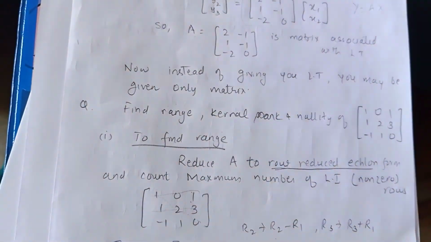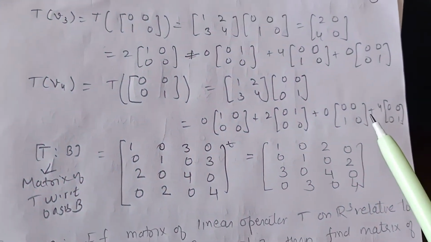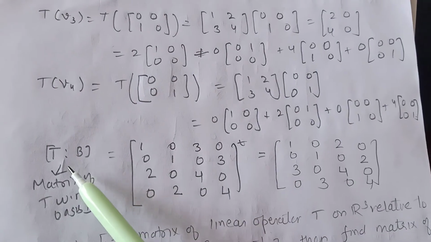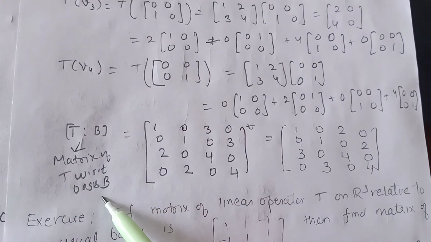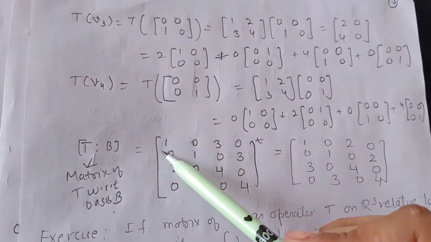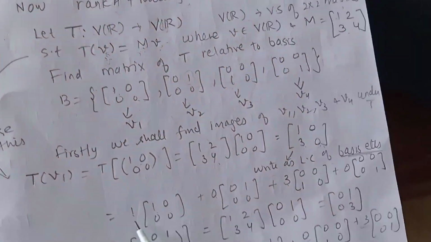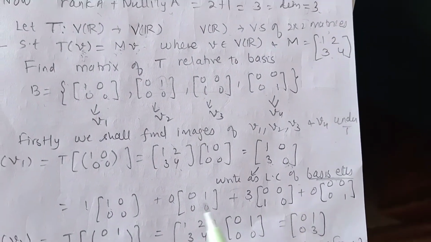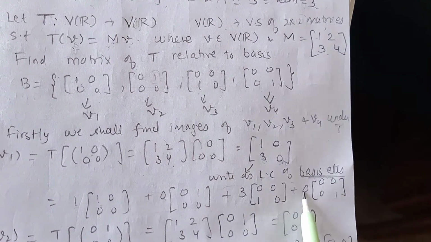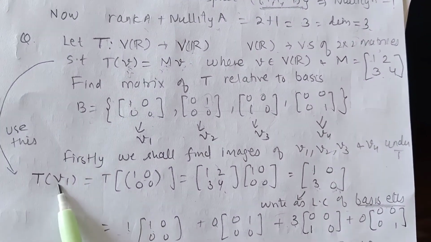Similarly, you will write V3 as well as V4, and finally here you will form a matrix of T with respect to the basis. What is this? These are the coefficients that we have obtained, 1 0 3 0, when we wrote V1 as a linear combination of basis elements.